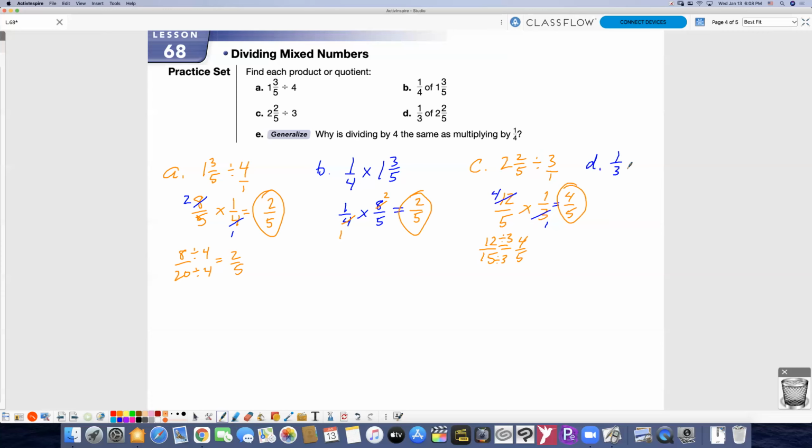1/3 of, which means times in math, 2 2/5. Again, I need to change the shape. So I have 1/3 times, this would be 10 plus 2 makes 12/5. When I multiply those, I can see that this 12 divided by this 3 ends up being 4 over 1.